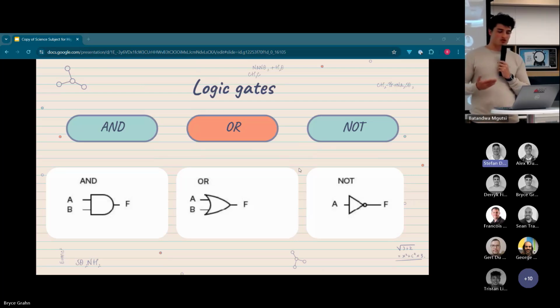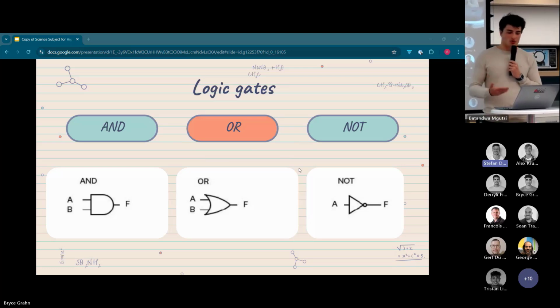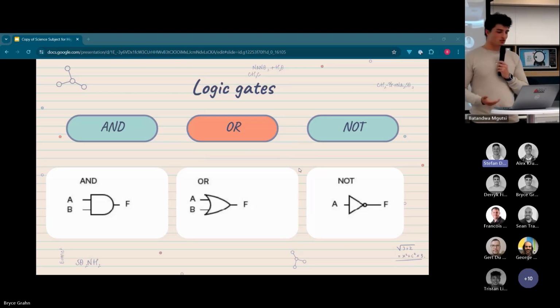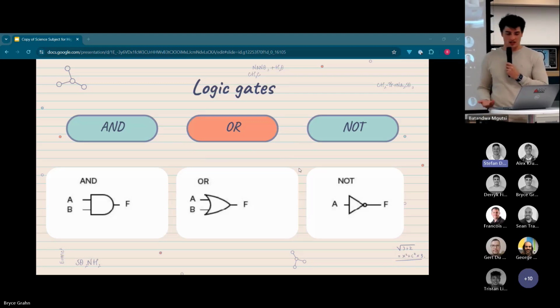Now, in order to perform logical operations on qubits, we first need to understand how classical computers perform their operations. Traditional computers make use of logic gates. Common examples include the AND or NOT gates. Together, these gates become a universal gate set, and any computational problem can be solved via a combination of these gates.